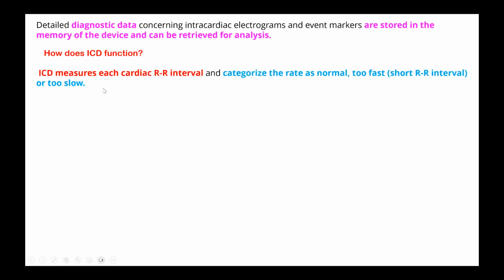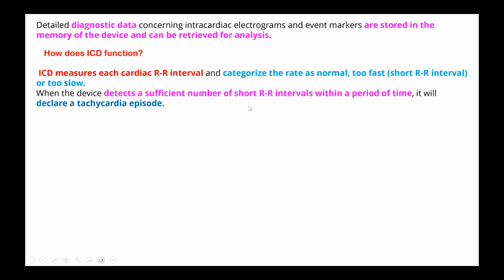It has detailed diagnostic data, which is stored in the memory of the device and can be retrieved for analysis. These are, of course, the features. So how does it function? It measures the cardiac RR interval and then categorizes the rate as normal, too fast, which has a very short RR interval, or too slow. So it is able to recognize the interval between two R waves and detects a sufficient number of short RR intervals within a period of time.